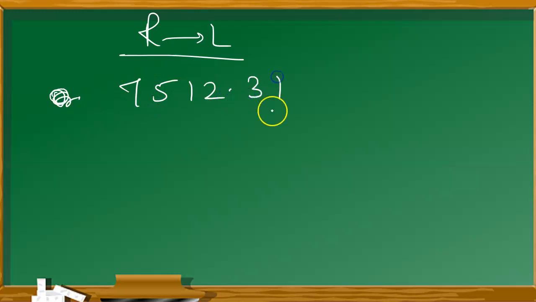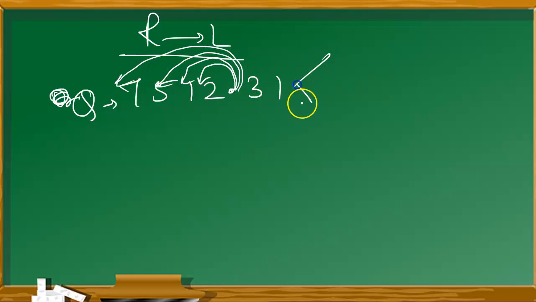So from right to left, suppose I take some number, 7512.31. I have this question. Now I'm going from right to left. Right to left means I can shift it by 1, 2, 3 or 4.